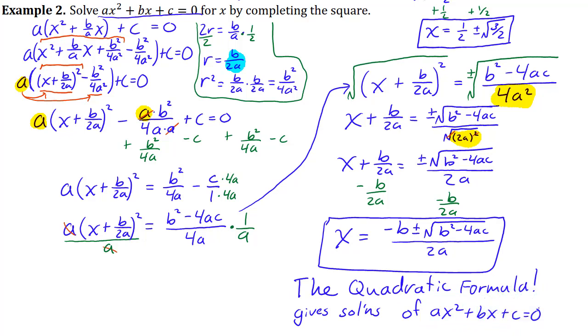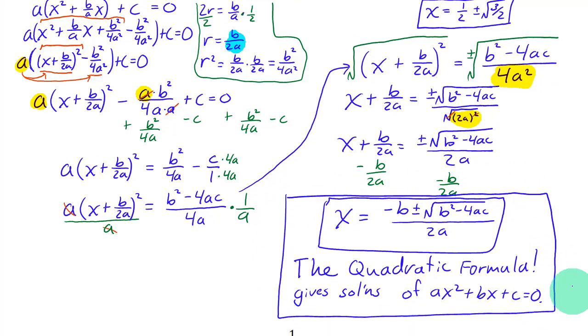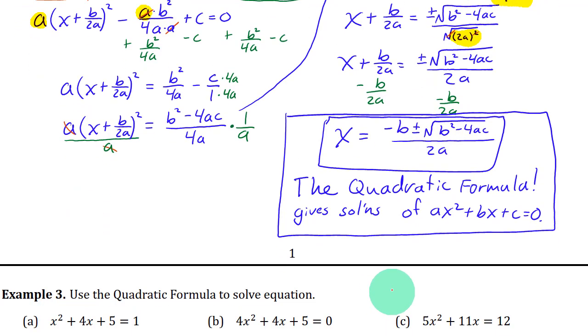So yay. This is a super handy, super useful formula that you've probably seen before. And it's one you've got to memorize, because it's definitely the easiest way to solve quadratic equations.